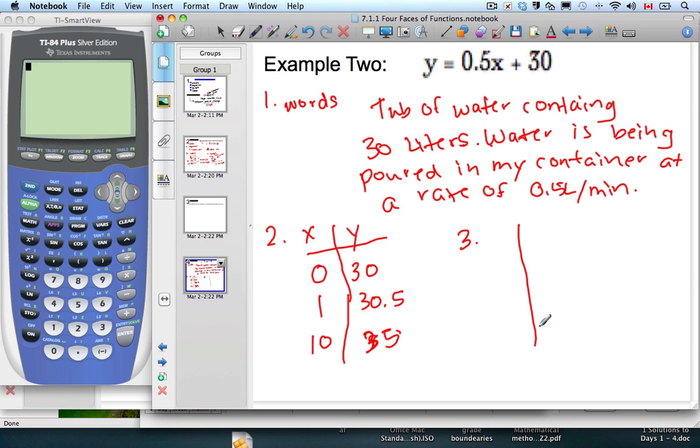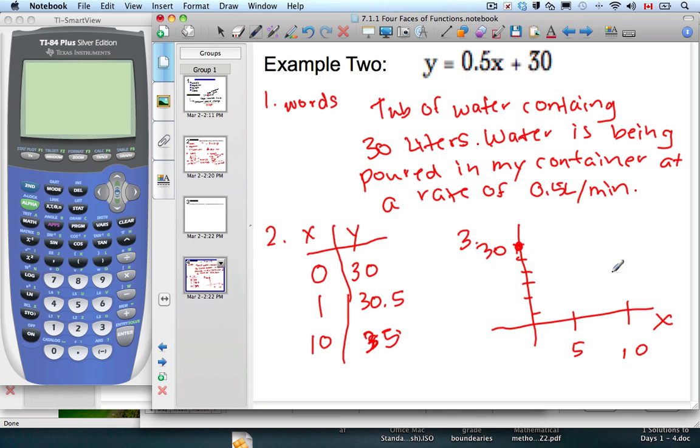Graph. So here is our minutes. I'm just going to go 5 and 10. And we'll go up 5, 10, 15, 20, 25, 30. Okay. 0 is 30.